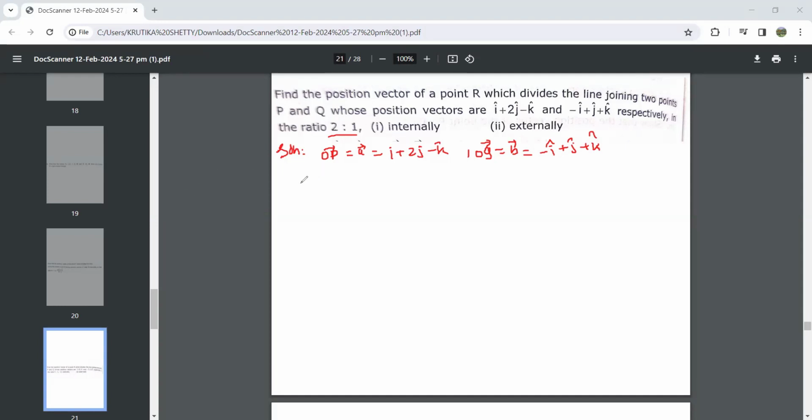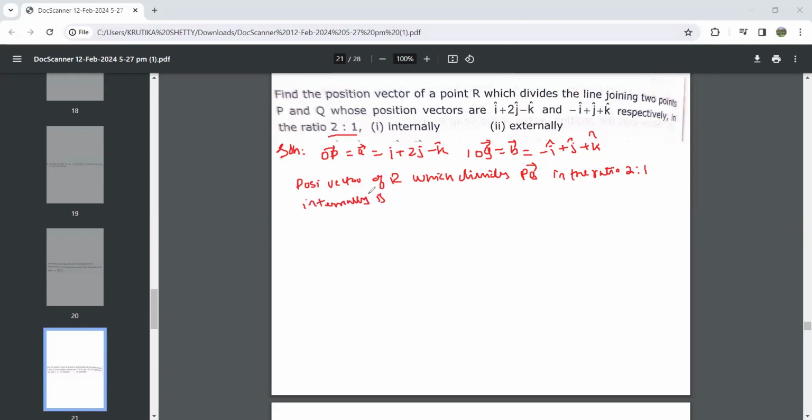See, the position vector of R, which divides the vector joining PQ in the ratio 2:1 internally.